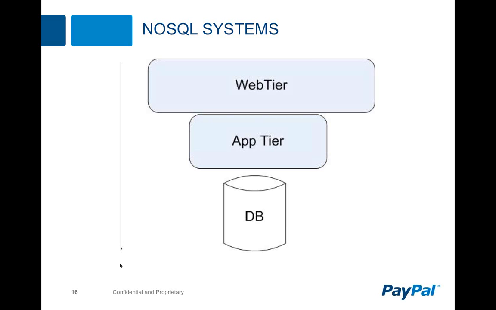So where do they give you a lot of advantages? This is a traditional flow. You have your web tier, your app tier, and your database. Whatever principles we talked about, we know how to scale the web tier. It's just adding more HTTP server boxes, assuming you've optimized everything per request.